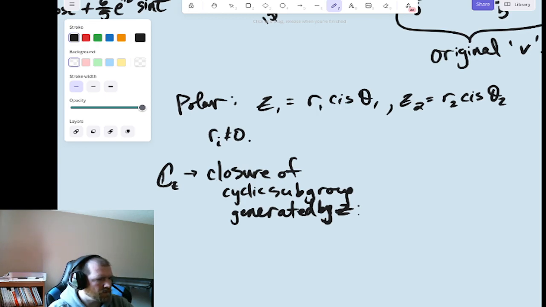G be the multiplicative group, the multiplicative group of non-zero complex numbers.